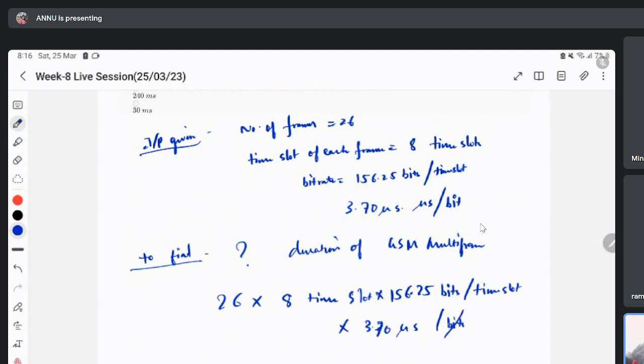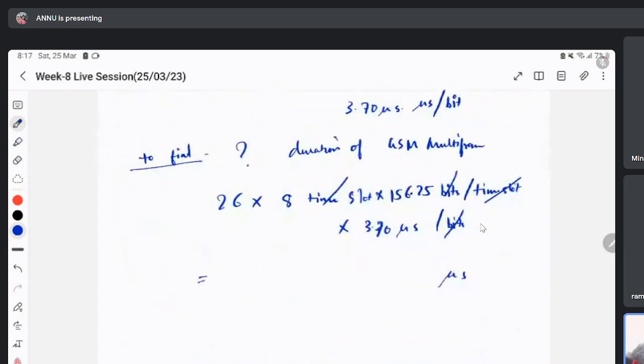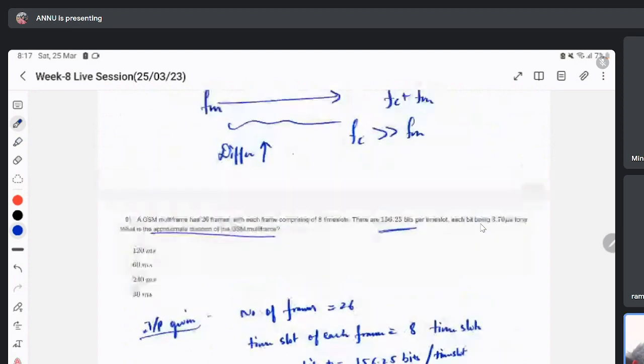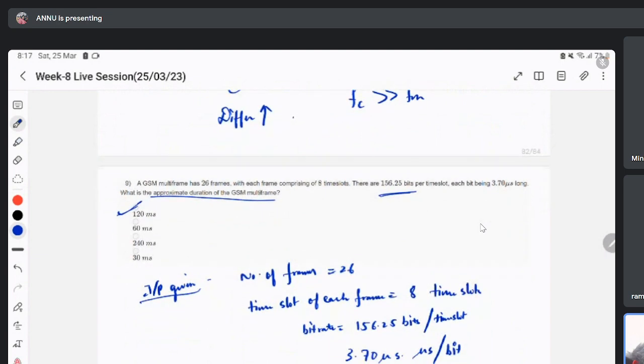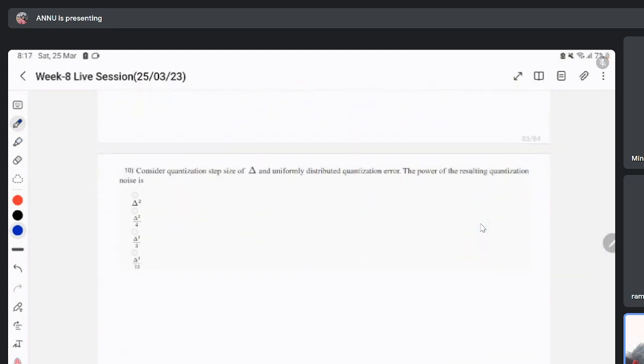Bits get cancelled, time slots also get cancelled, and you are getting microseconds. You can always check using the units, sometimes if you need some trick. The answer is about 120 milliseconds, so I think the answer is A. You can always check with the units.